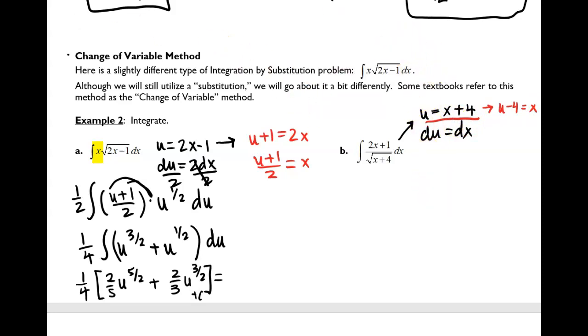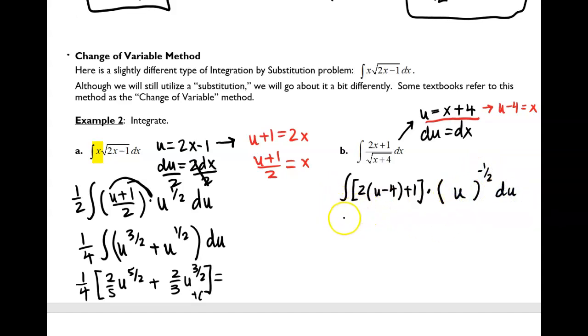So then when I rewrite my integral, I'm going to rewrite this with the radical in the numerator instead. Remember, this would be x plus 4 to the negative 1/2 in the numerator. So what I have is, for 2x plus 1, I would have 2 times my x, u minus 4, plus 1, times my x plus 4 to the negative 1/2, but that's just a u, du.